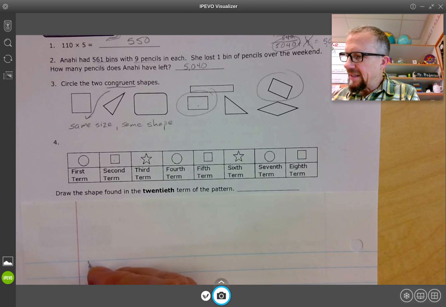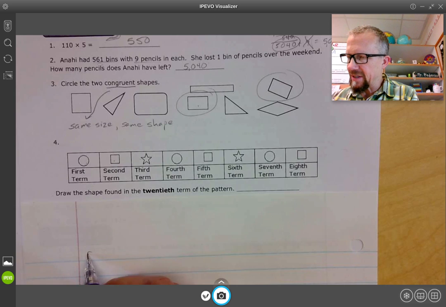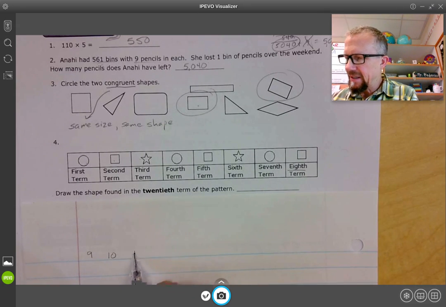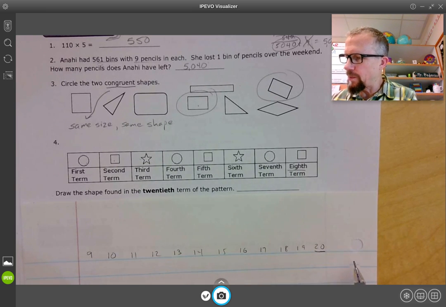So let's see. I'm going to number my terms. These are my terms. After 8, I'm going to go 9, 10, 11, 12, 13, 14, 15, 16, 17, 18, 19, 20. I got to get to this 20th term.